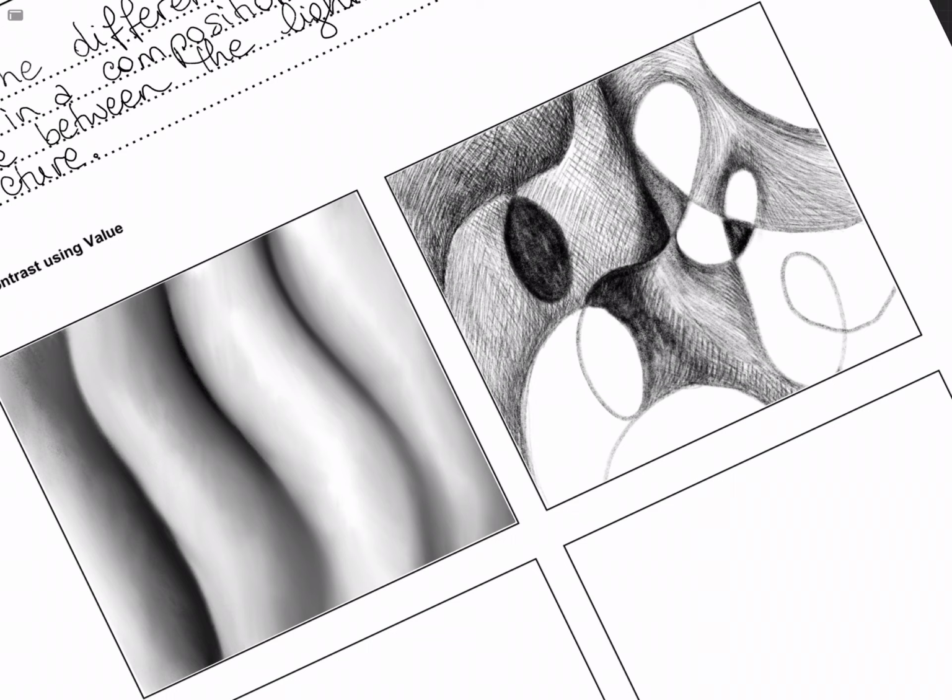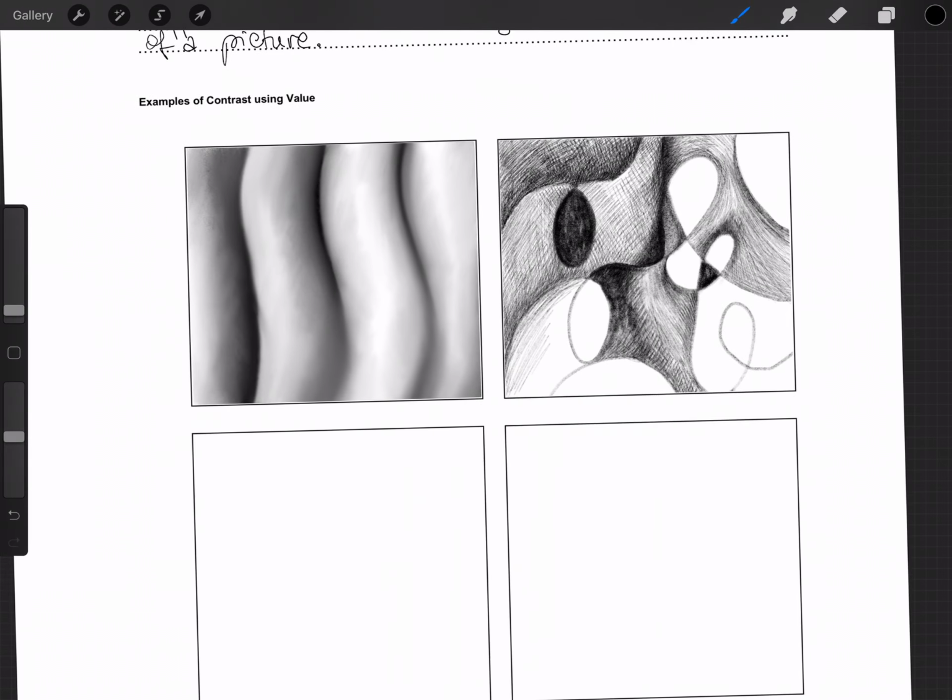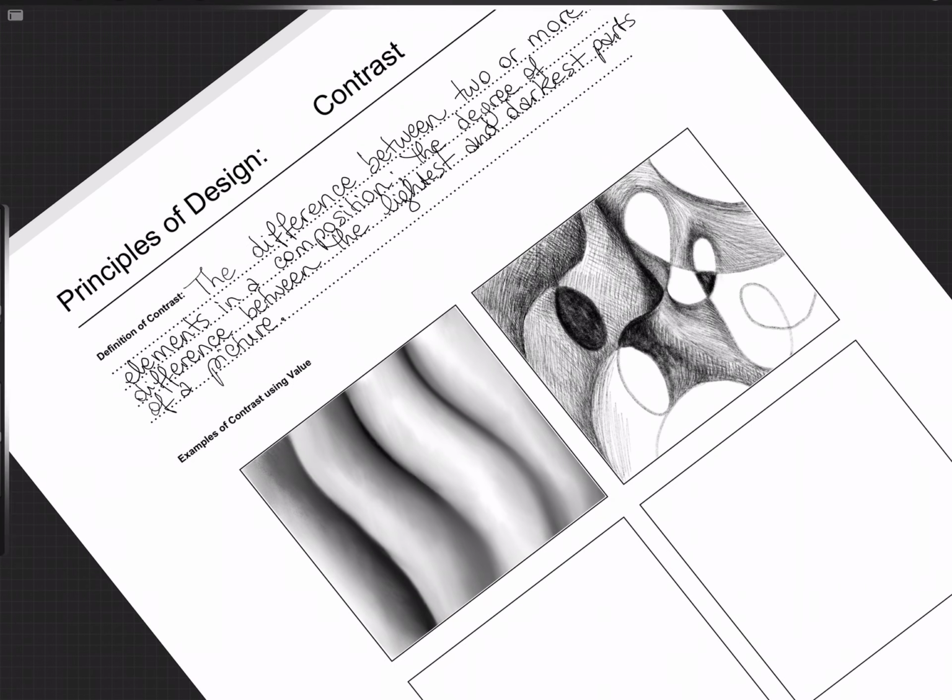This example is not supposed to take this long, but because I'm working on an iPad and because I'm zooming in, it feels as if I'm working on a much grander, bigger size paper, if you will.